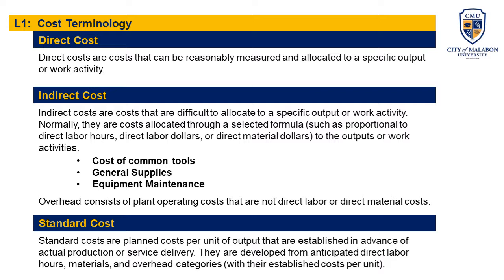For example, the cost of common tools, the cost of general supplies, and the equipment maintenance in a plant are treated as indirect costs. Overhead consists of plant operating costs that are not direct labor or direct material costs, and is an example of indirect costs.